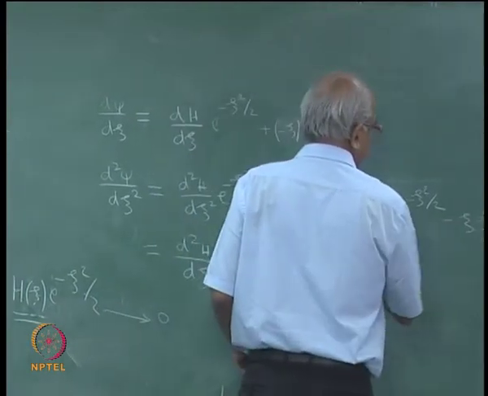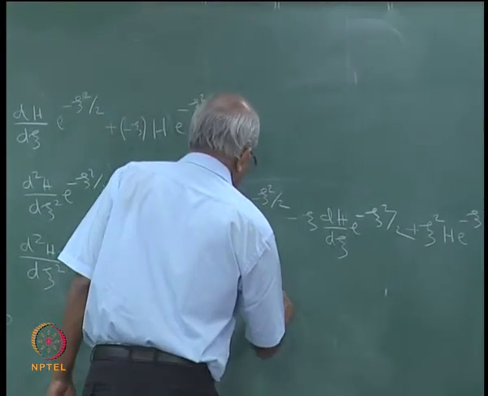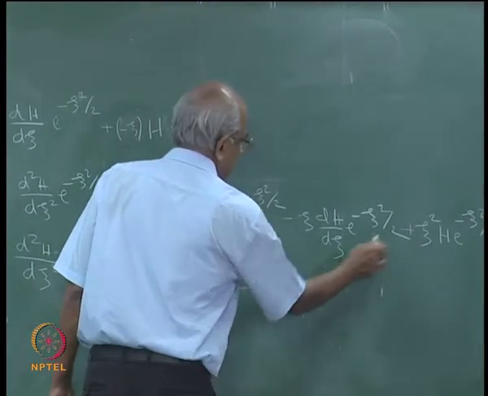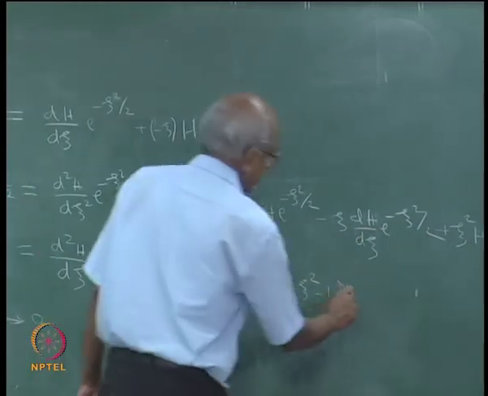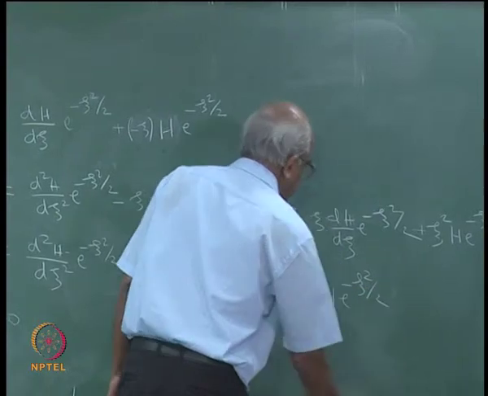These two terms I have added up, plus what will happen, I will get c square minus 1, this term and that term I am combining, H e to the power of minus c square by 2. This is what happens.